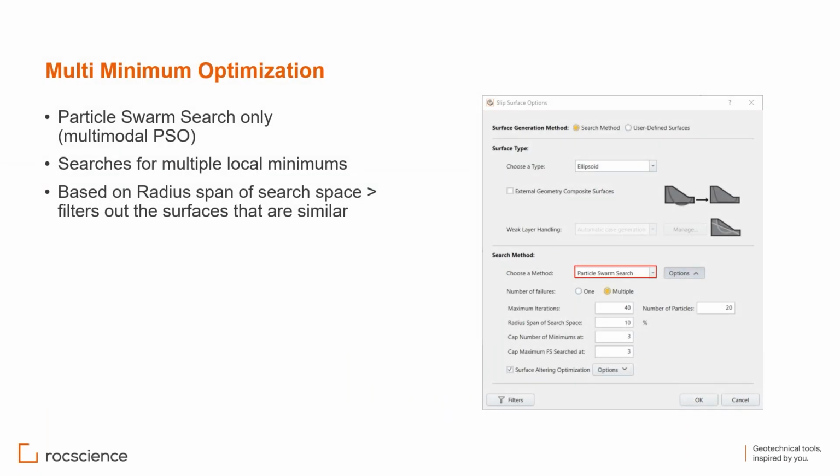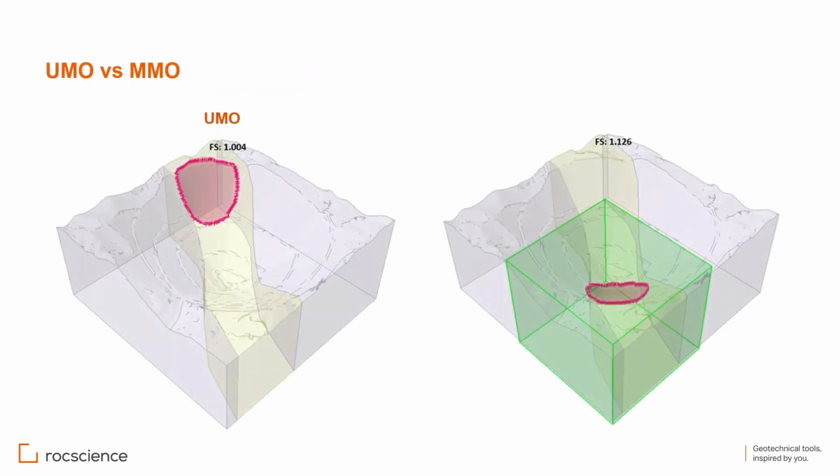What's new in the software? One of the coolest features that we have is multimodal optimization. Traditionally, limit equilibrium software packages only give one critical slip surface, which we call UMO, unimodal optimization.